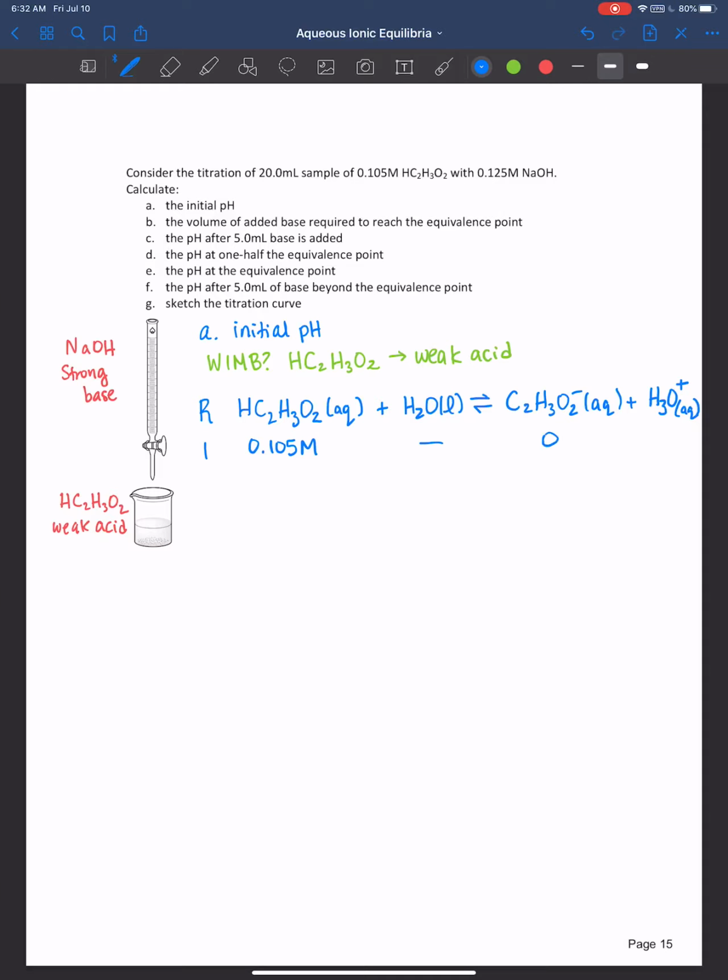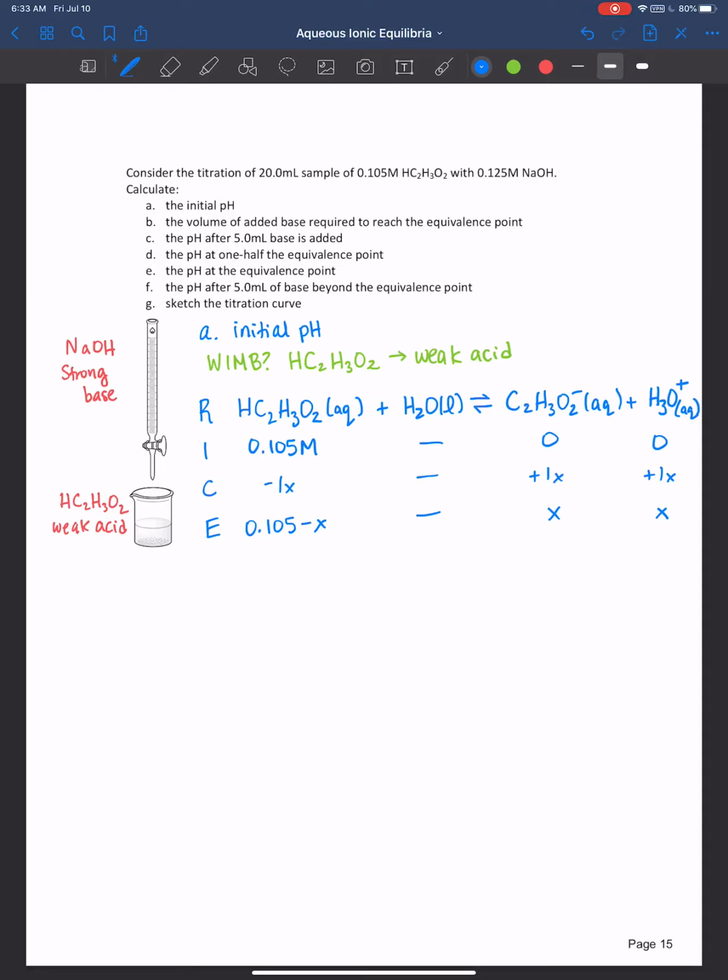And we'll assume that nothing else was in there at the initial start, that the initial hydronium ion concentration from the autoionization of water is negligible. And at equilibrium, you add up the initial and the change, so 0.105 minus 1x is minus x. 0 plus 1x, x. 0 plus 1x, x.